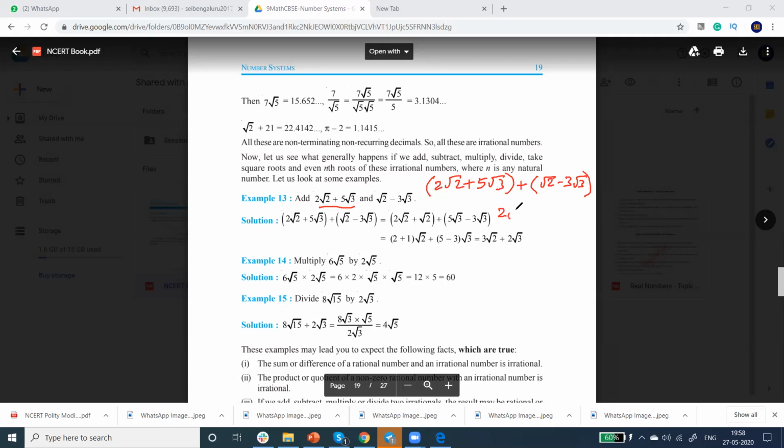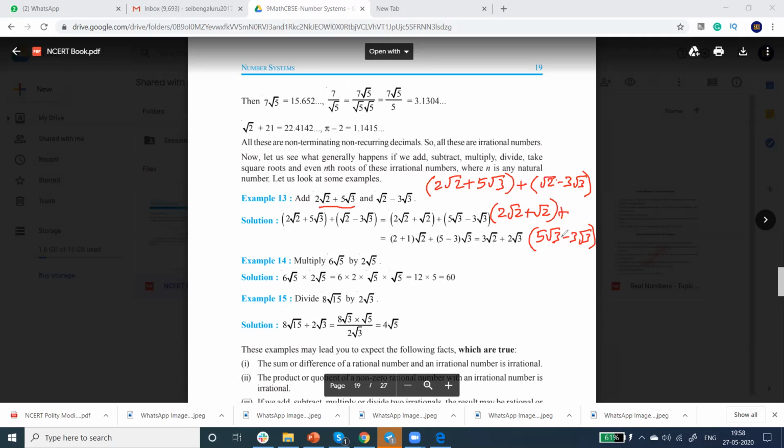And 5 root 3 plus of minus, 5 root 3 minus 3 root 3. Why did minus come?